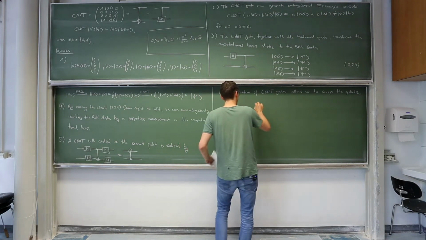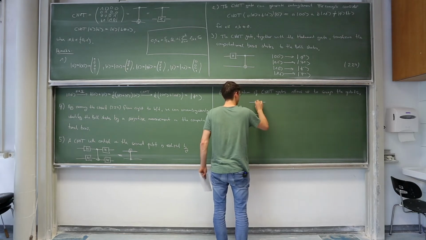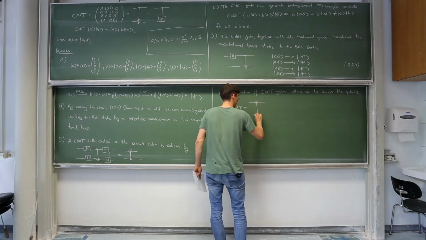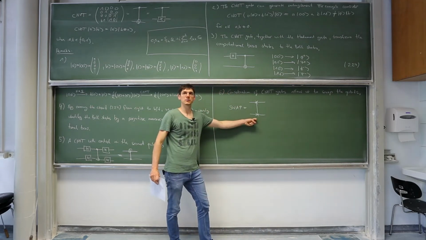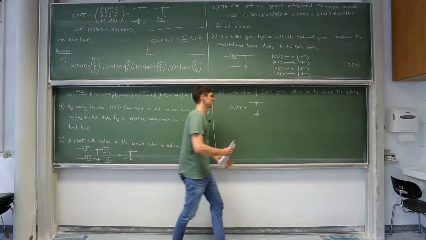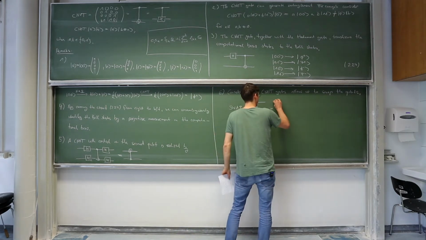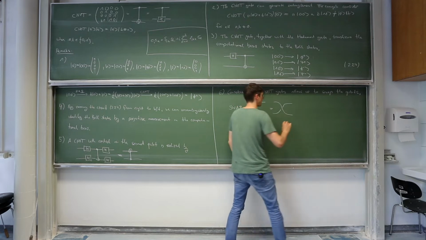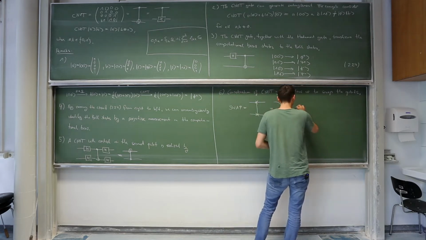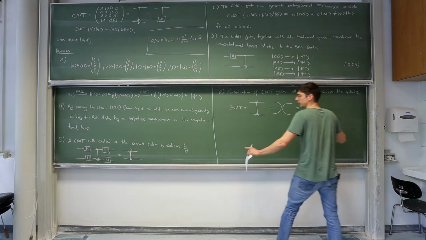which has the following circuit representation. So usually you will see this circuit diagram, but sometimes we also see such a diagram. And how do you get this from CNOT-gates?